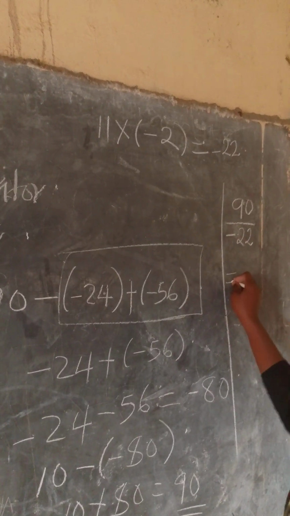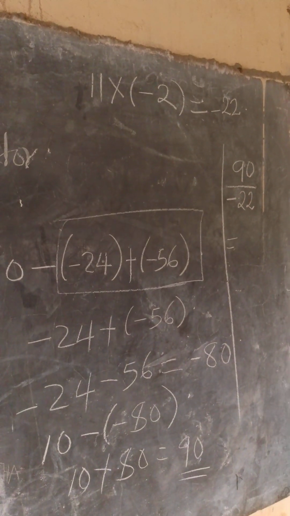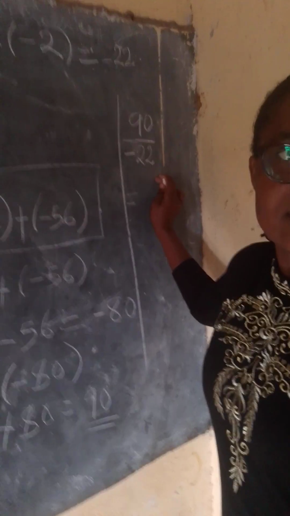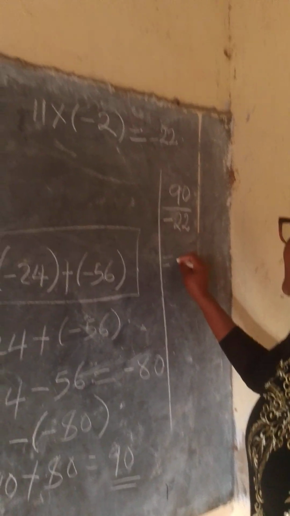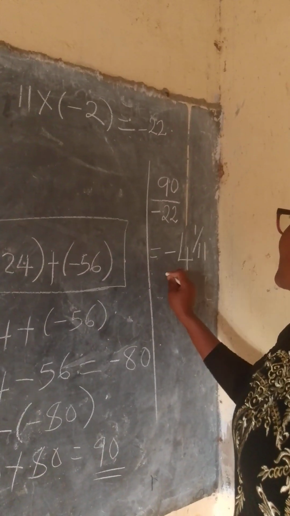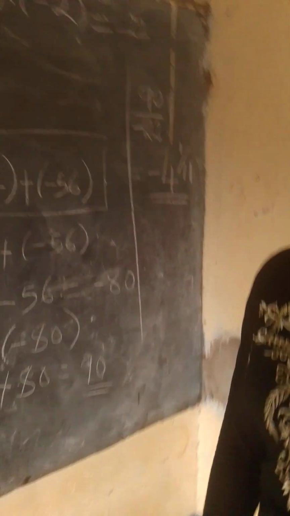Let us change this improper fraction to a mixed fraction: negative 4 1 over 11. Correct.